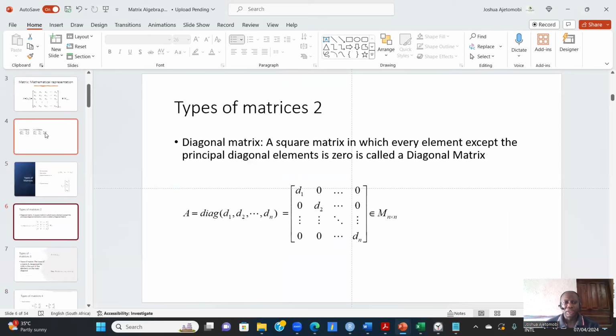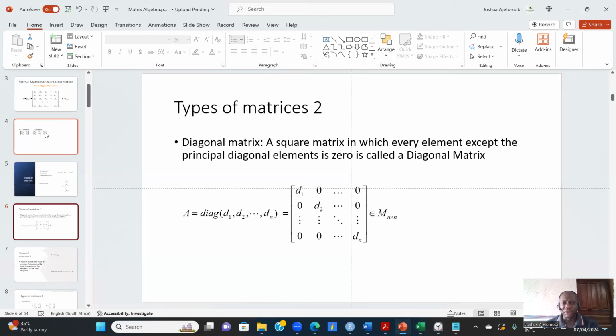Another type of matrix is diagonal matrix. It's a square matrix in which every element except the principal diagonal elements is 0. In terms of mathematical representation, we have matrix A, D1, D2 to Dn along the principal diagonal.